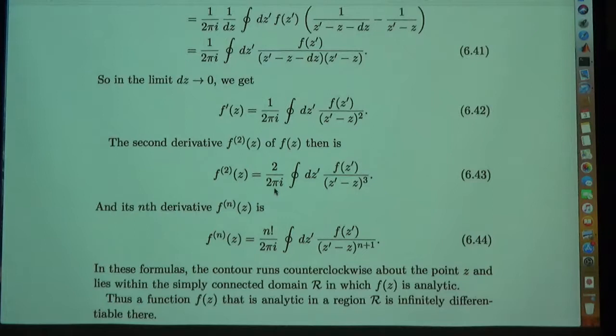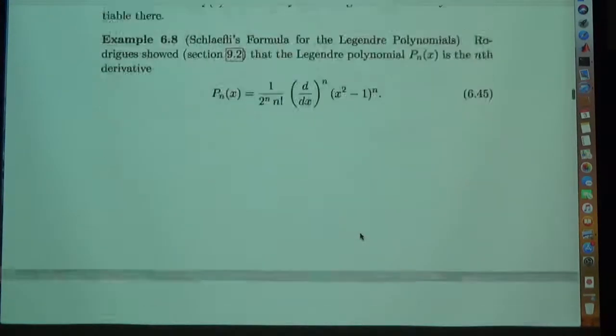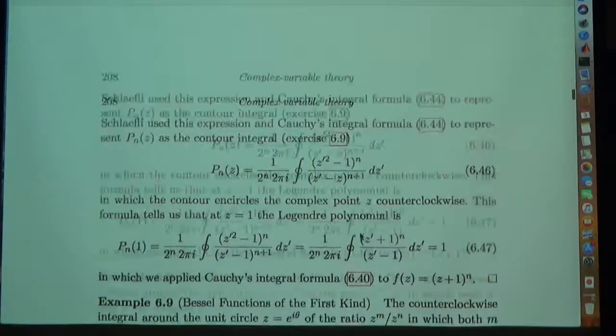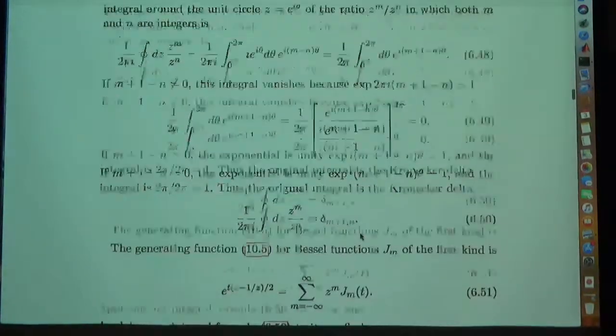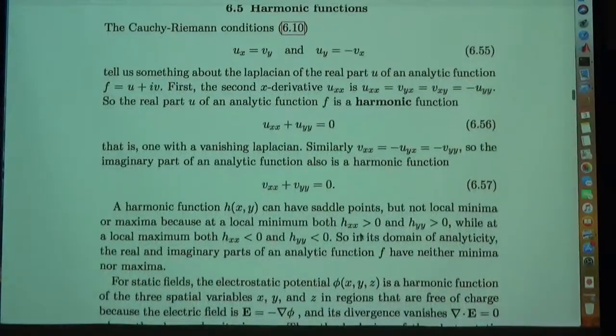Couldn't believe that he had discovered something so simple and so important. Anyway, that's why I say people love complex variable theory. Now, I'm just reminding you of the Cauchy-Riemann conditions.